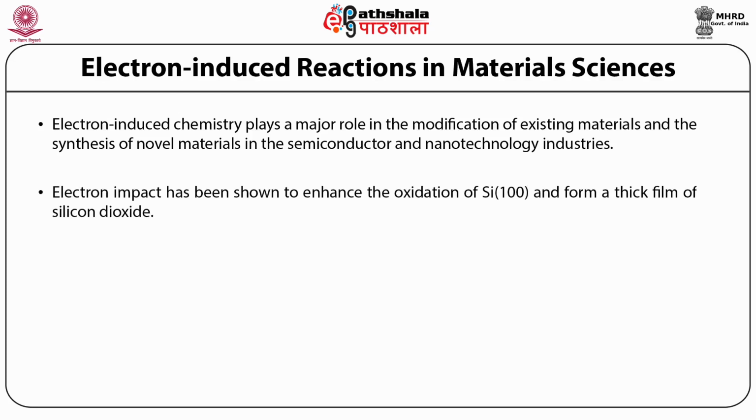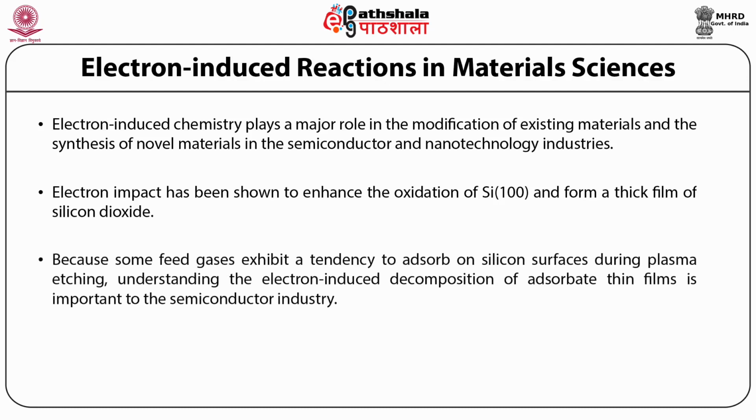Electron impact has been shown to enhance the oxidation of silicon and form a thick film of silicon dioxide, because some feed gases exhibit a tendency to adsorb on silicon surfaces during plasma etching. Understanding the electron-induced decomposition of adsorbate thin films is important to the semiconductor industry.